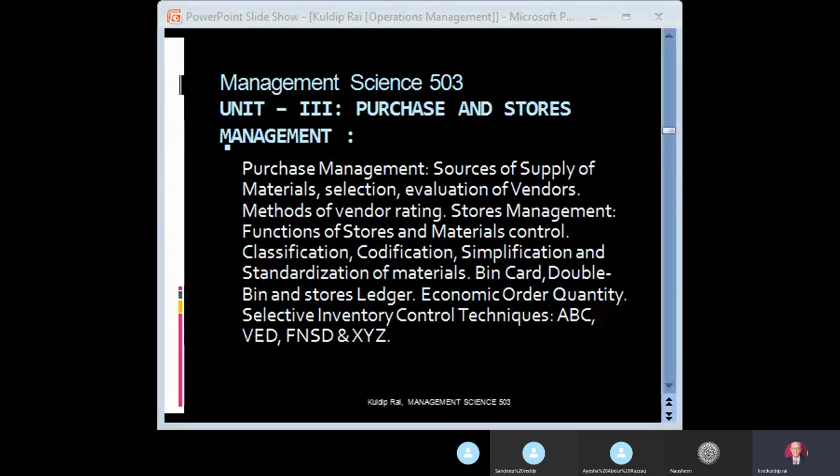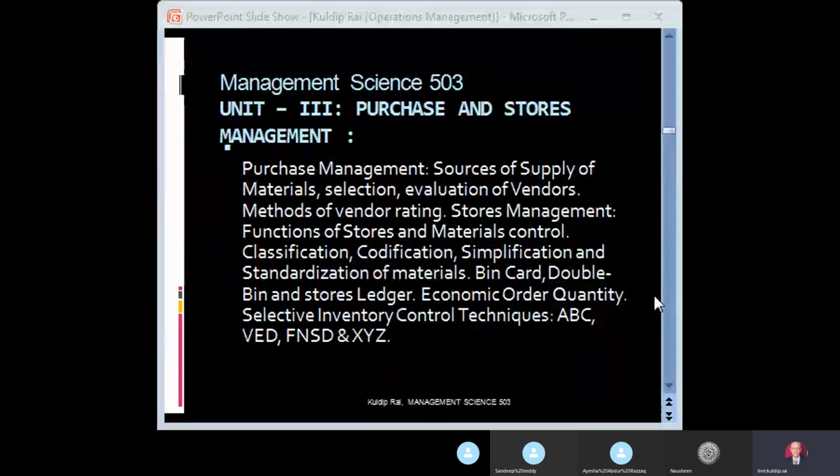The next topic which you see on the screen, look here on the screen, methods of vendor rating. Now to understand the concept of vendor rating, remember that evaluation is done before doing business with a supplier. Rating is done after we transact with him, after he supplies the goods, after he supplies a quotation, after he does the installation and commissioning.